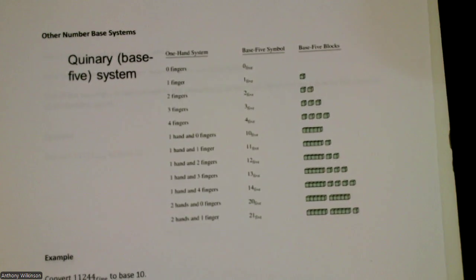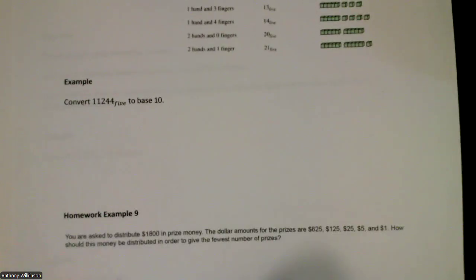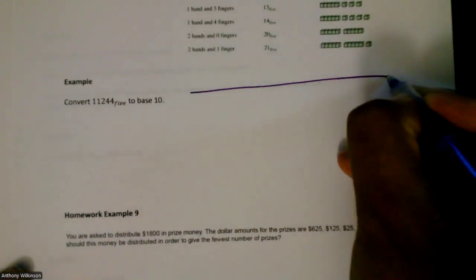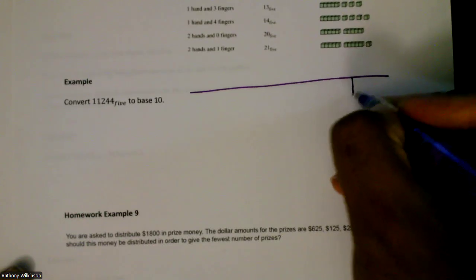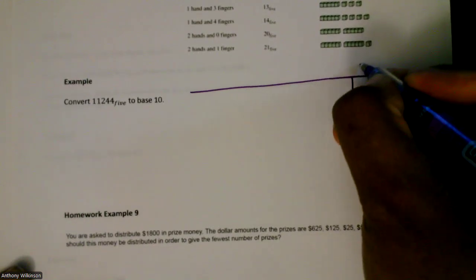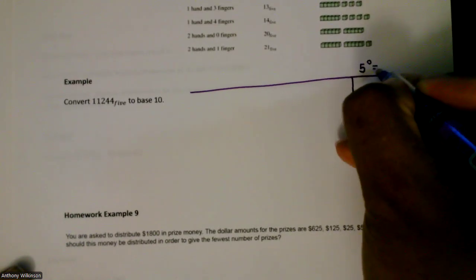So let's look at what we have here. Let's say I want to convert 1, 1, 2, 4, 4, base 5 to base 10. I'm going to write out the base 5 numeration because it's going to be base 5 only. So 5 to the 0 is 1.